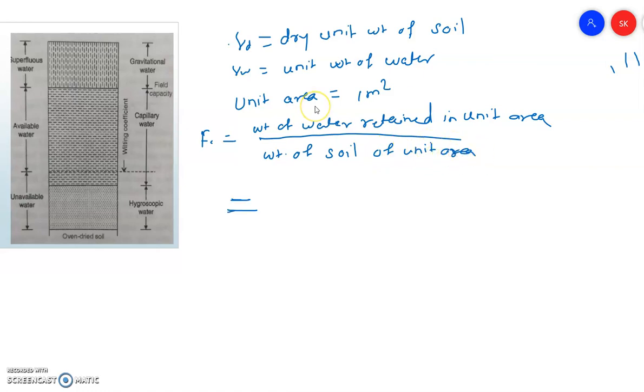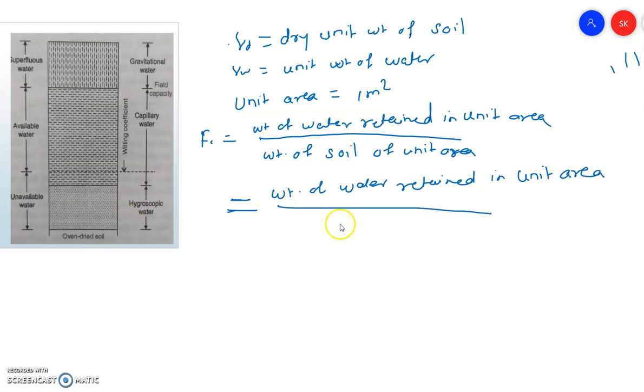In the next step, we can write the weight of water retained in unit area divided by the weight of the soil of unit area, which we can write as gamma d, the dry unit weight of the soil, multiplied by 1, the area in meter square, multiplied by d, the depth. This is Fc.